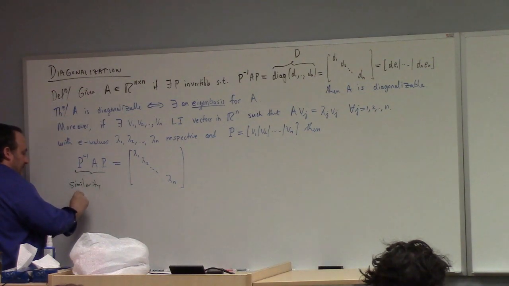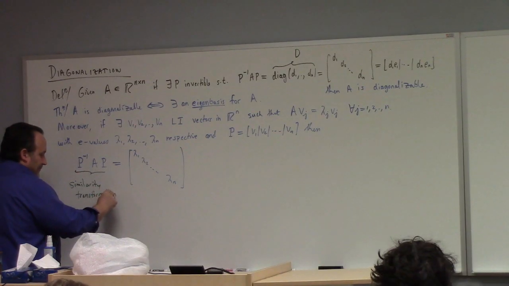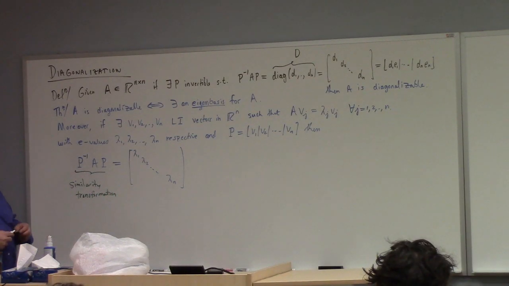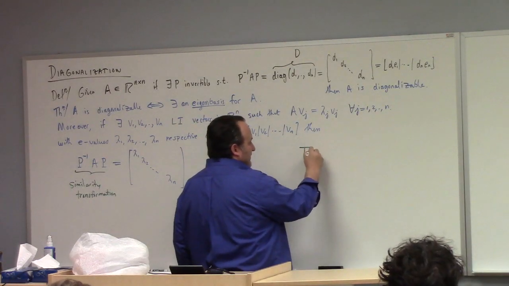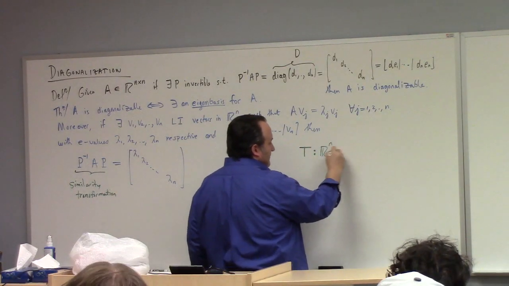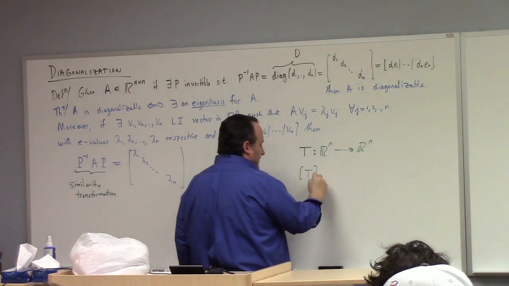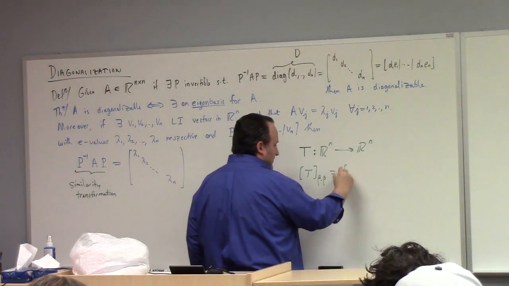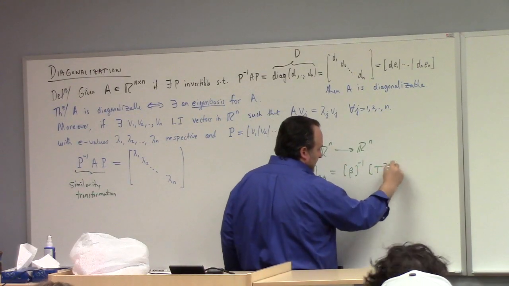A similarity transformation is something you can do to a matrix to change it to another matrix. Remember, the significance of this is that if we have a linear transformation T from Rn to Rn, then the matrix with respect to the beta basis was equal to the basis matrix inverse times the standard matrix of T times the basis matrix.